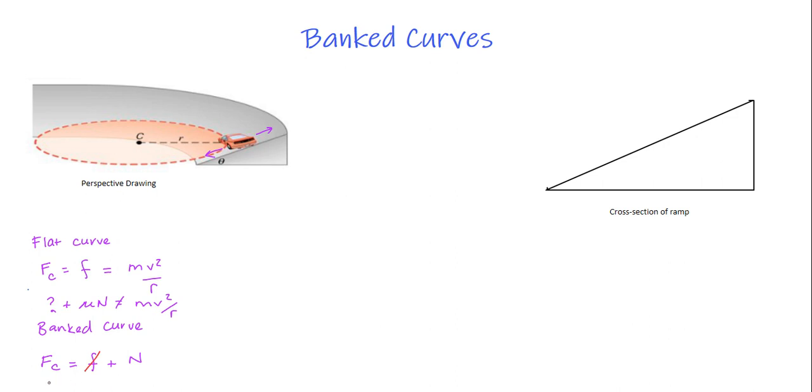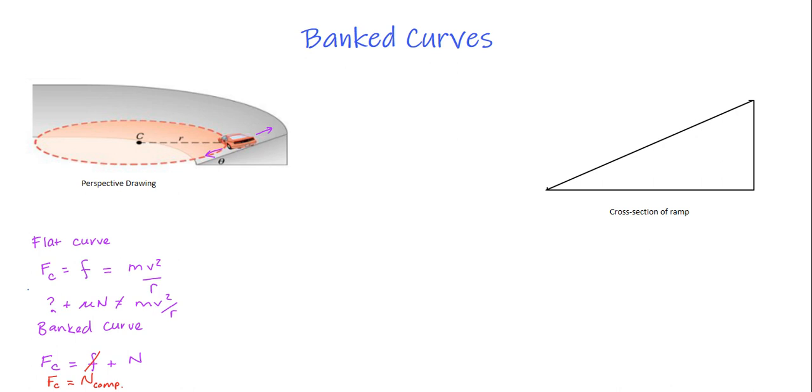And we're going to say that the centripetal force is going to be equal to a component of the normal force. That will allow us to calculate an expression and figure out how much all these factors, like the angle of the ramp, the mass of the car, the radius of the turn, and so forth, affect the amount of normal force, or therefore centripetal force, needed to make the turn.